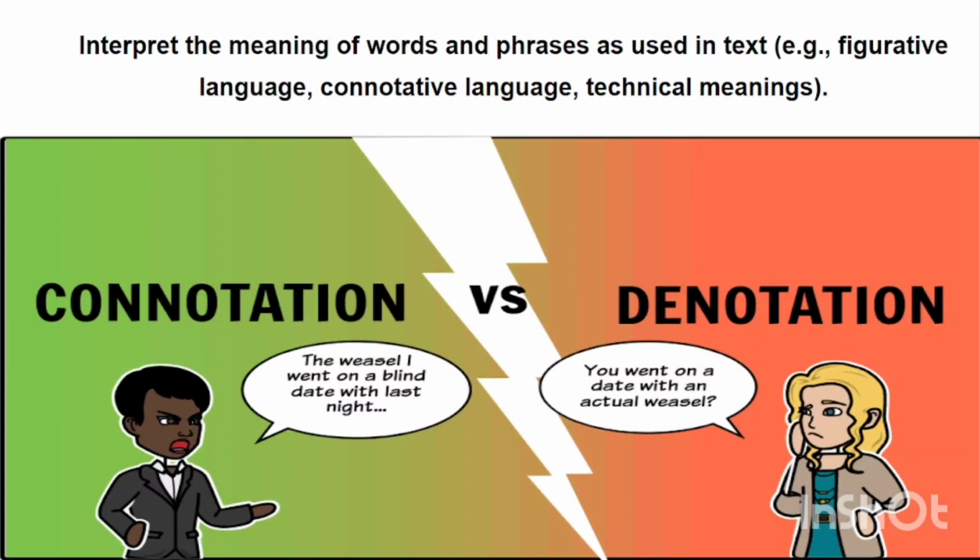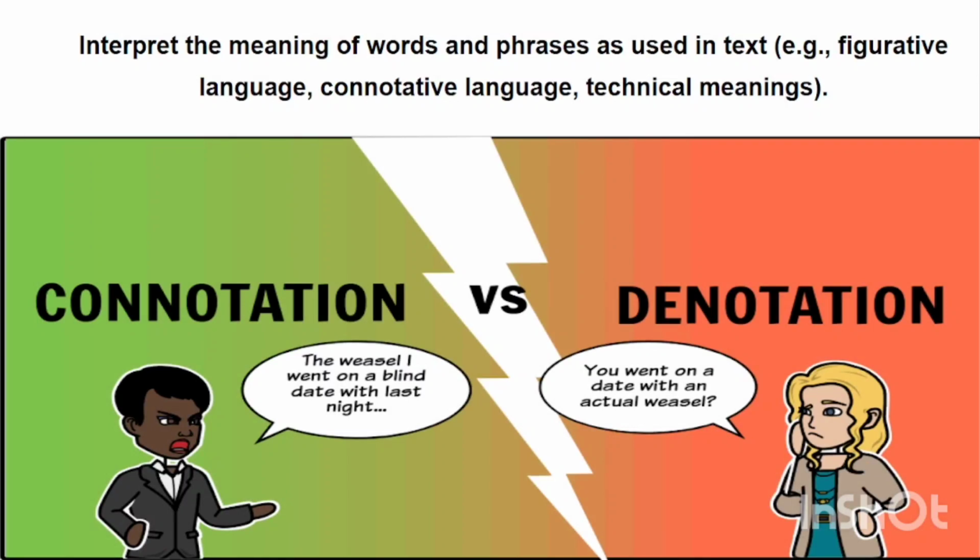When you're reading a passage, you have to be able to pick out what the actual meaning of a word is, or how that word is connotated, meaning what the author is trying to say. So you have the specific definition of a word, and you have the feeling that word carries.